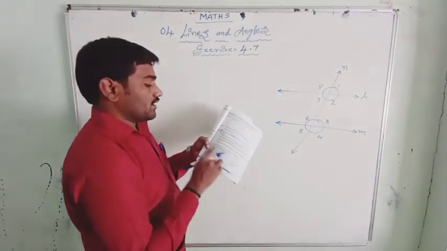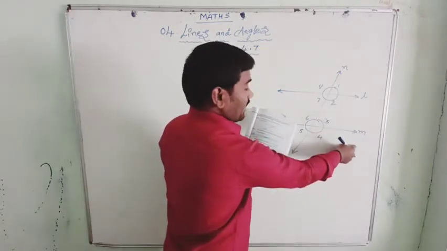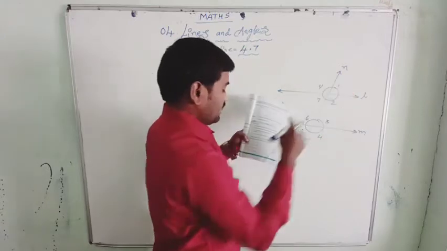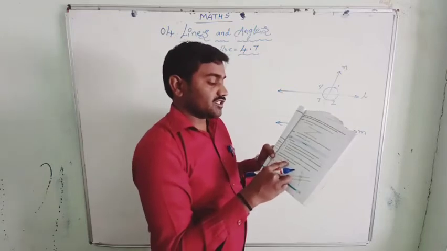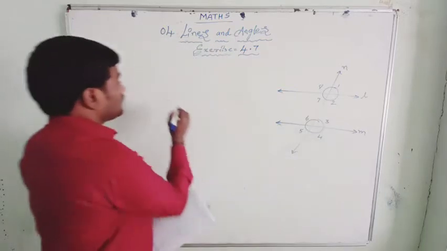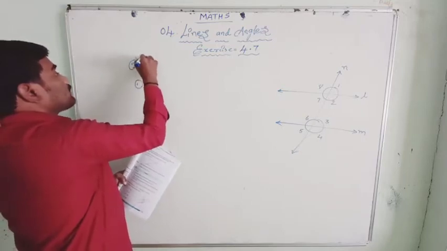So in the adjacent figure, L and M are parallel, and N is a transversal. Fill in the blanks for the situations given below. So here we have filling the blanks in the second bit also.